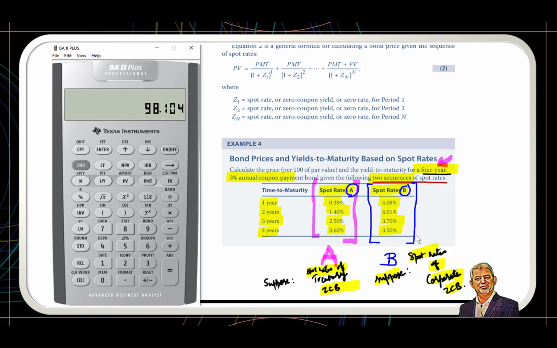This is really interesting. So the moral of this learning, to summarize, is that if you have 2 different sequences or series of spot rates, maybe one obtained through treasury zero coupon bonds and another obtained through corporate zero coupon bonds, then you can use either of those to value your bond, and the valuation would be the same whether you use series A or series B of spot rates.